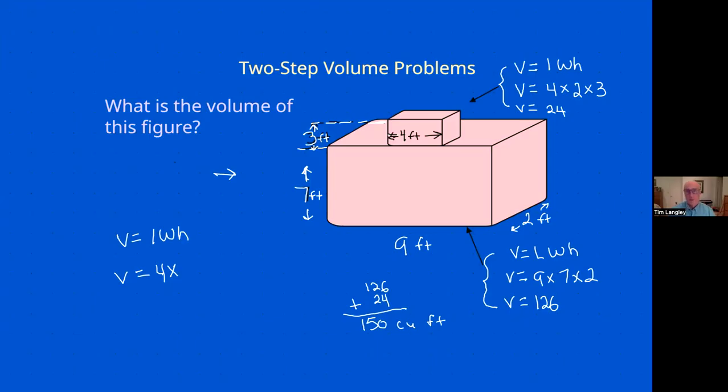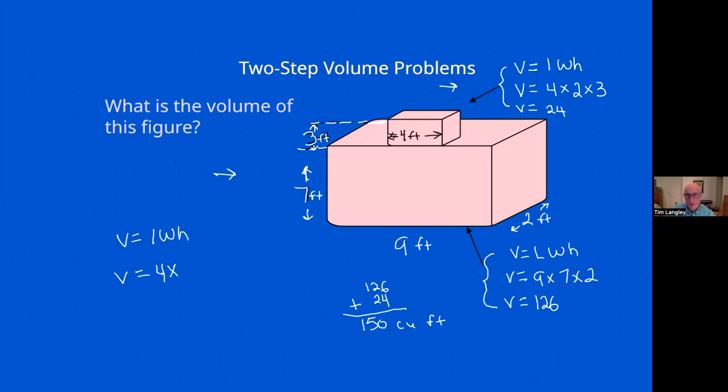If you look up here at the top right of my screen, you'll see that I've got the volume formula, LWH, length times width times height. The very top block has a length of 4 feet, as you can see at the top of this block here. It has a height of 3 feet, and it has a depth of, and my illustration isn't the best here, but I want you to imagine that this block goes all the way back to here.